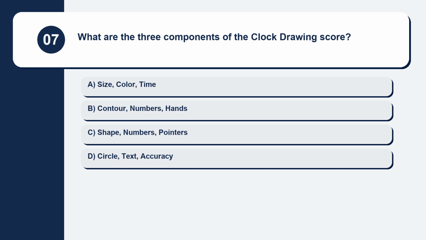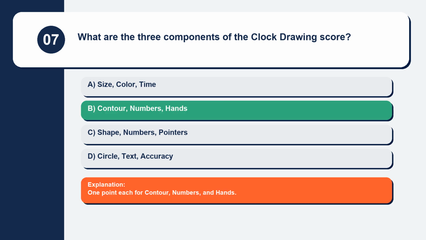What are the 3 components of the clock drawing score? Size, color, time. Contour, numbers, hands. Shape, numbers, pointers. Circle, text, accuracy. 1 point each for contour, numbers, and hands.